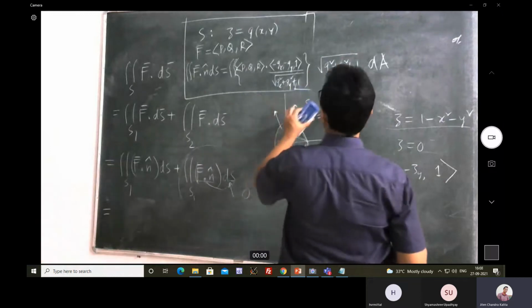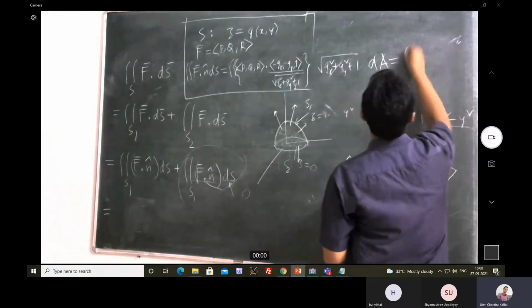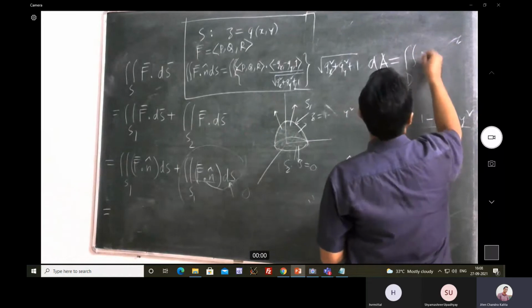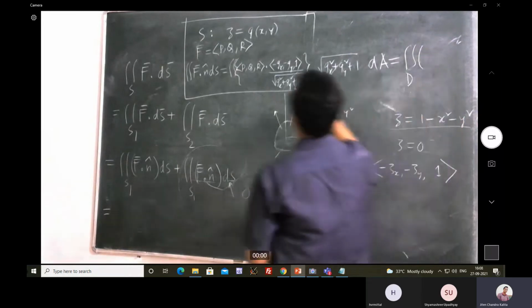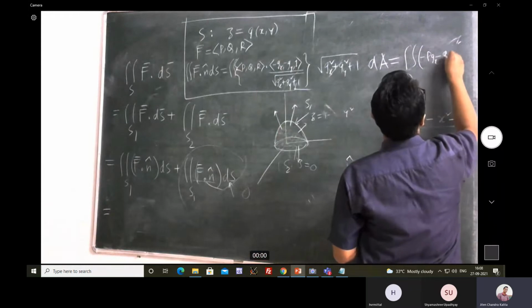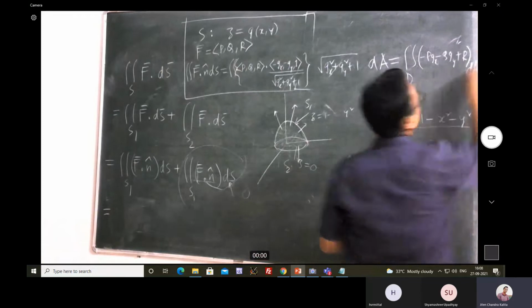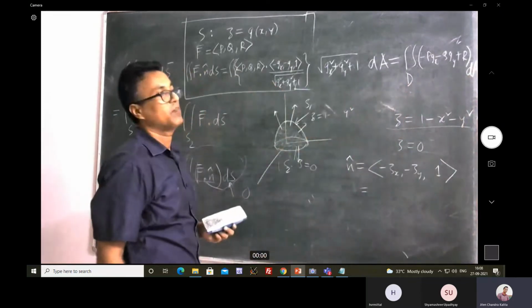Then simply this is going to give you the double integral over D of minus P gx minus Q gy plus R dA.